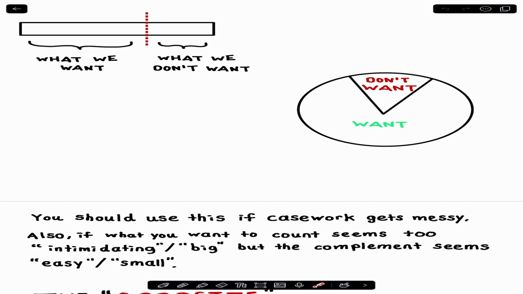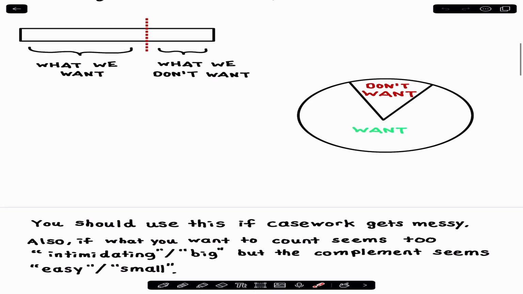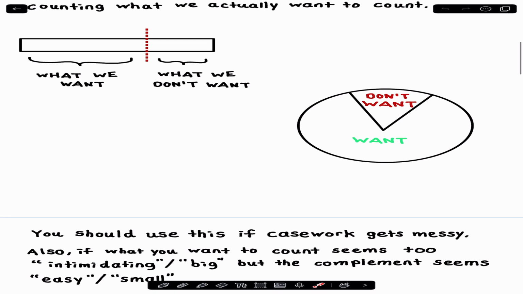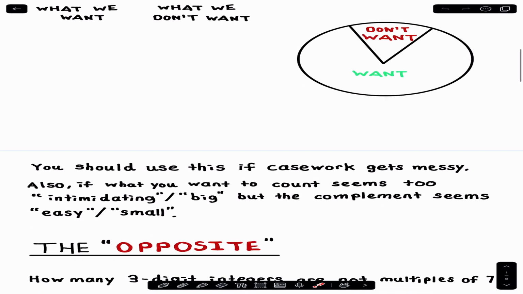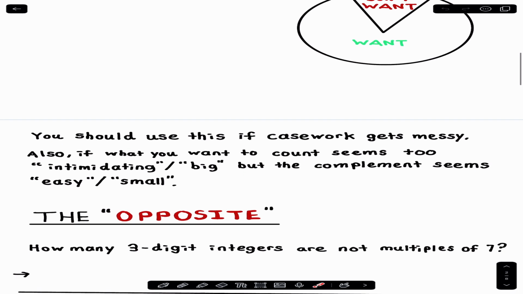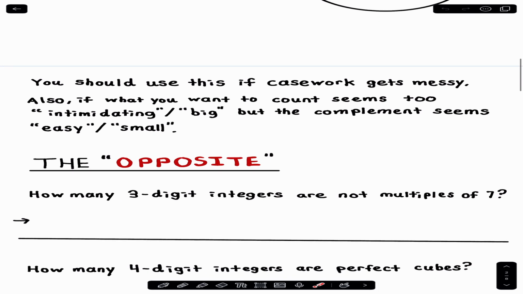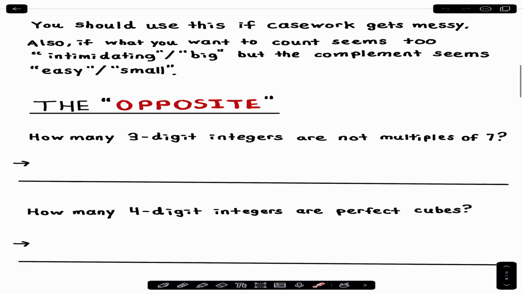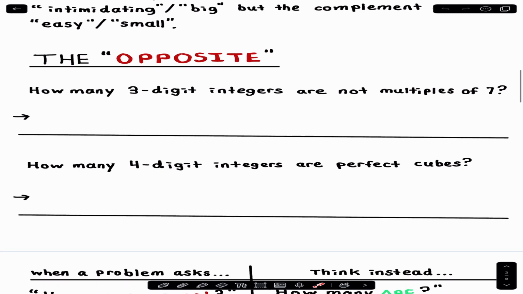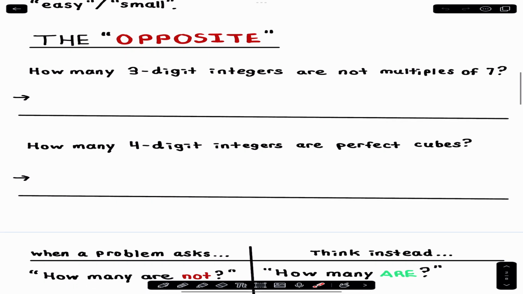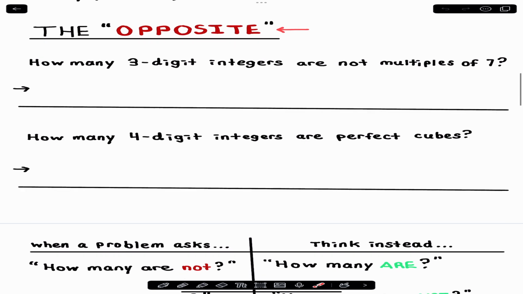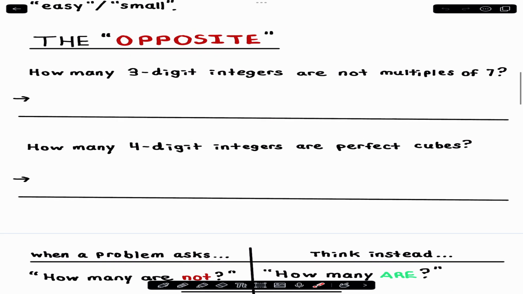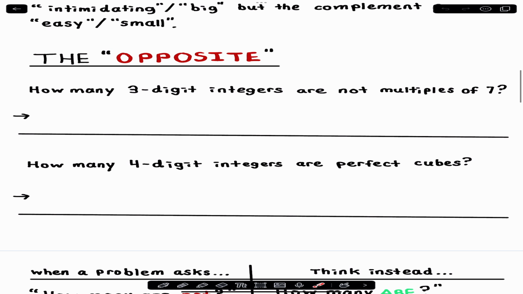So those are just some of the things you want to look out for before you dive into a problem using complementary counting. But once you decide that you want to use complementary counting, we need to get familiar with the concept of something that I've called, just in quotes, the opposite, because this is very fundamental to complementary counting.